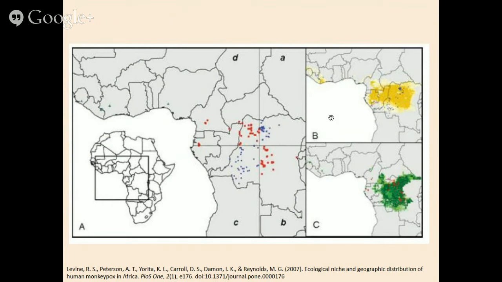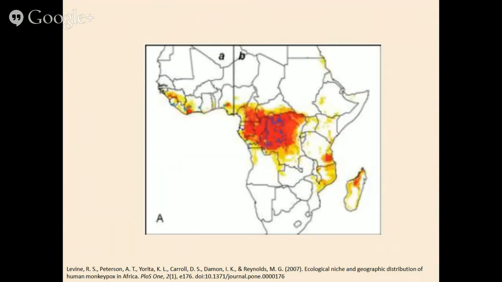Once they are sure that the model is robust to predict the evaluation points, they can use all the points to generate the final model. And so they obtain something like this for the geographic distribution of monkeypox.